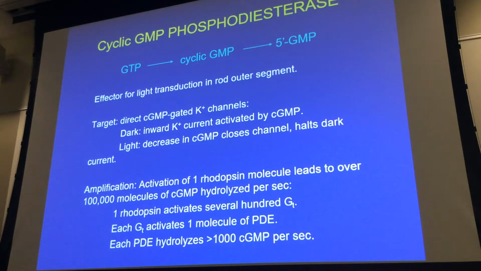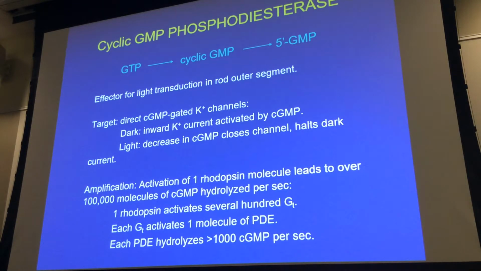So in general, it's been shown that the activation or bleaching of one rhodopsin receptor leads to over 100,000 molecules of cyclic GMP hydrolyzed per second. And this is how the math works to get this. One rhodopsin activates several hundred proteins of transducin.